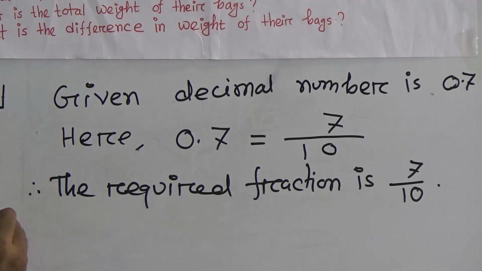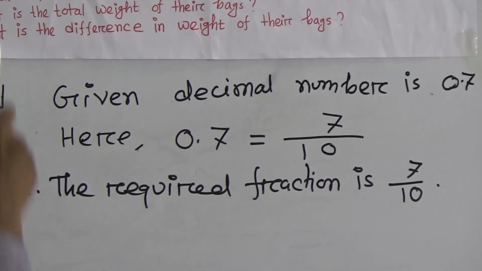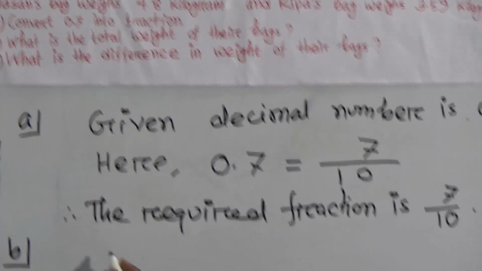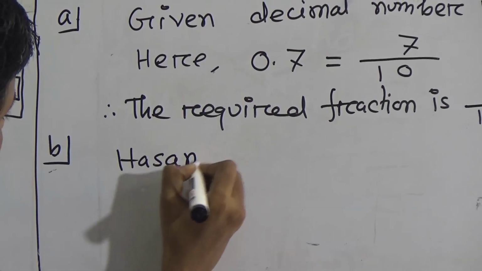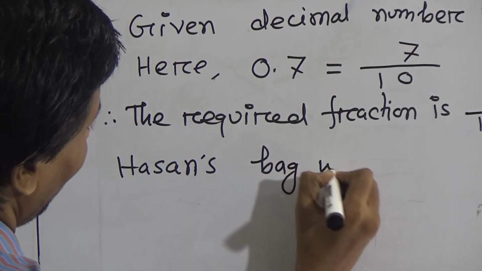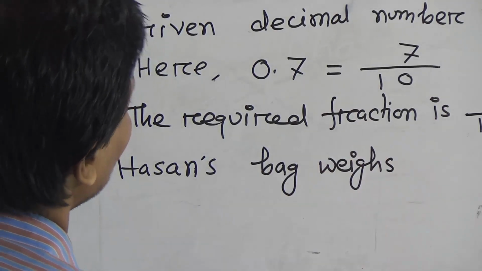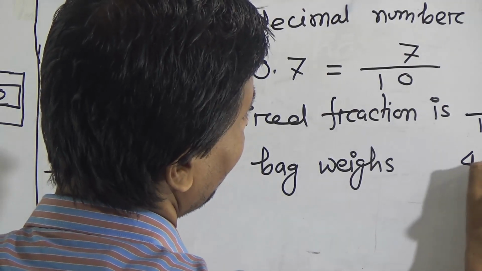Now I will solve the question number B. You see the B number question. What is the total weight of their bags? Hassan's bag weighs 4.8 kilogram. Write it at first. Hassan's bag weighs 4.8 kilogram.